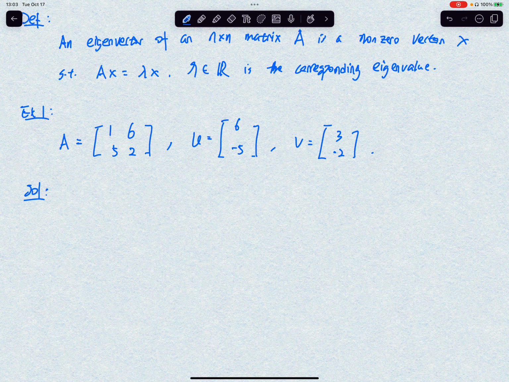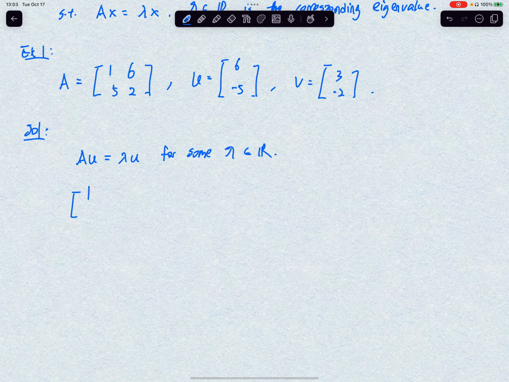So firstly, by our definition, if we check u first, that is Au equals lambda u for some real lambda. So that means [1, 6; 5, 2] times our u, (6, -5). This equals 1 times 6 minus 6 times 5, which is minus 24, and the remaining is 5 times 6 minus 2 times 5, so that gives us 20.